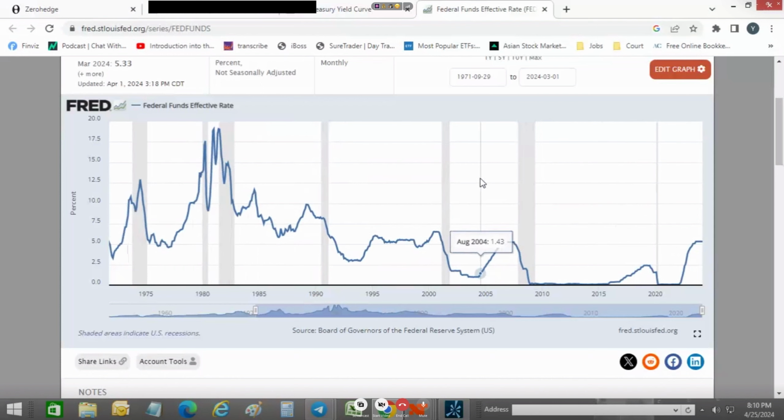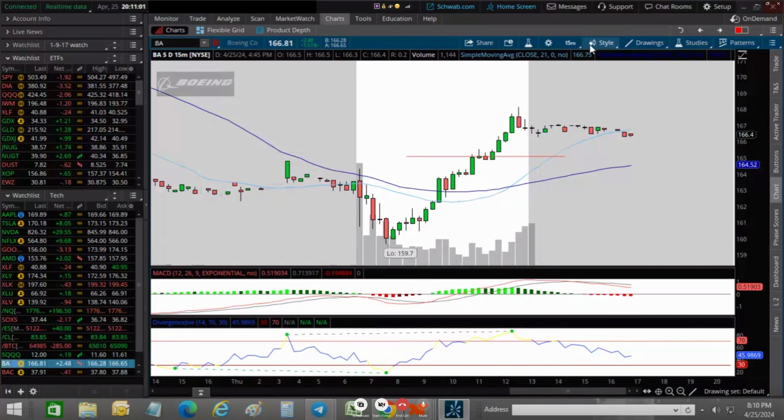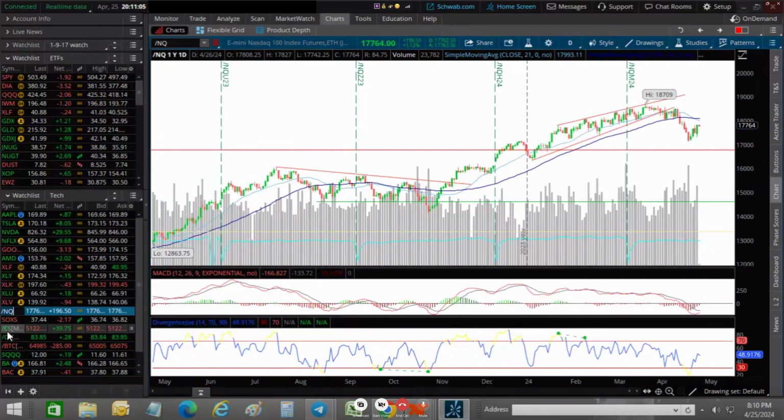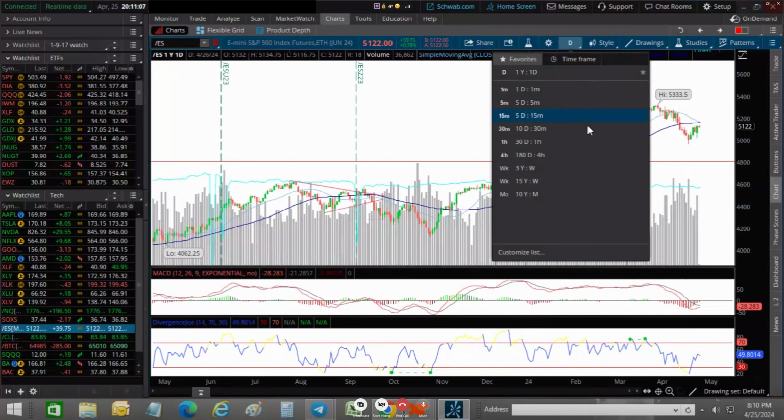Going back to 1975, they all start dropping right before a recession because they have to. So then the question is, what do they do next week? Do they still raise interest rates because inflation's still high? Yada yada yada. I'm afraid when they start dropping, that's when you're going to get the recession and the market comes crashing down, which would make sense if you look at the Nasdaq or the ES on a weekly basis.